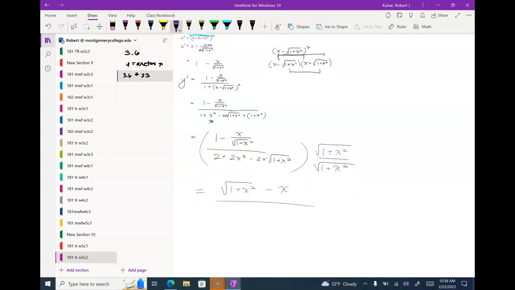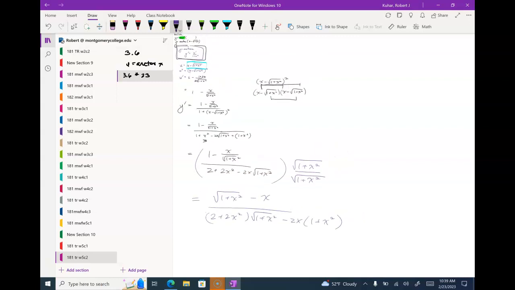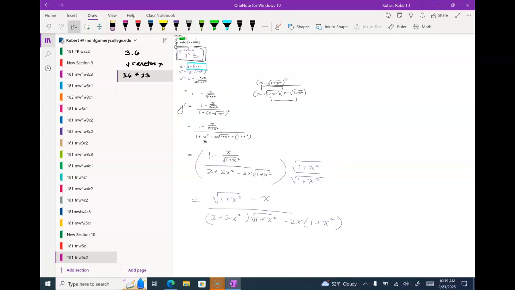And on the second one, it's pretty nasty, isn't it? It looks like 2 plus 2x squared times square root of 1 plus x squared, and then minus 2x times 1 plus x squared. I probably should have gone a different way with this. Did you see an easier process for this? Not really, because I'm thinking now I need a conjugate.